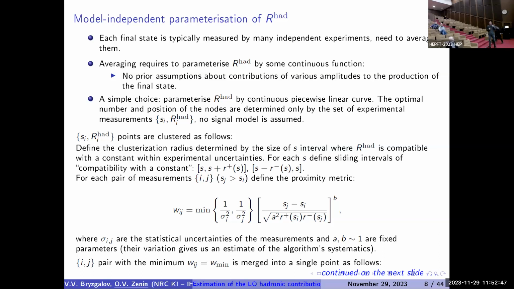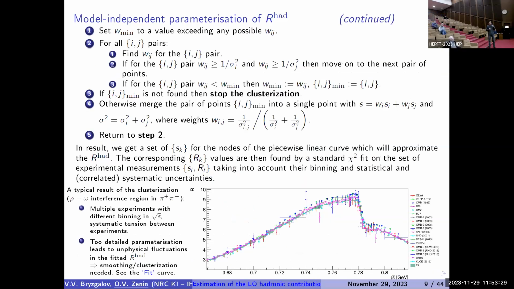Within this interval of compatibility with the constant, denoted by r plus and r minus to the left and to the right of the given point, we can merge experimental points into a single bin with some weight. In this way, we can define the positions of the nodes of our piecewise linear parameterization of the cross-section. So the algorithm is sketched out textually here.